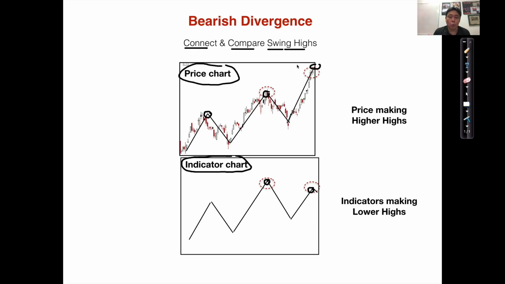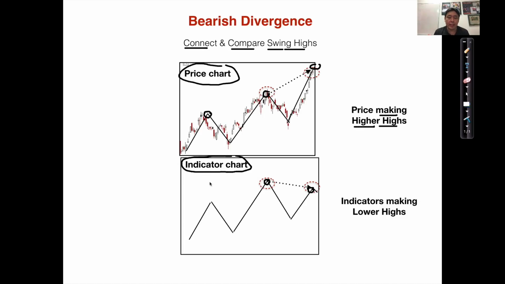Okay, so what do we want to see in order to spot divergence? We want to see that the price chart is making higher highs, like so. In other words, you can draw a line from the previous swing high to this swing high, and it's kind of like going up. It's making higher highs. But correspondingly, on the indicator chart, we want to see the opposite.